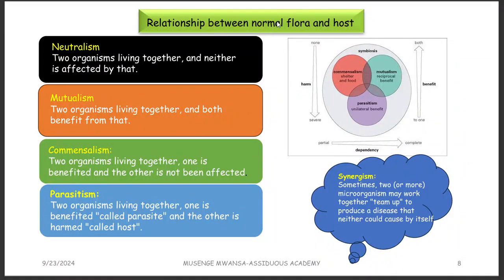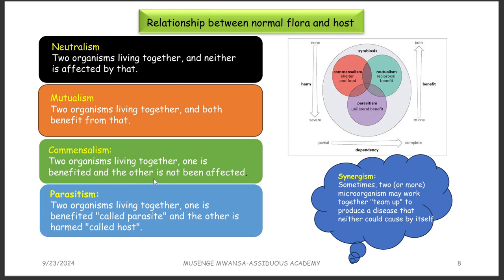What is the relationship between normal flora and the host? The relationship can be neutralism, where two organisms live together and neither is affected by that. Another one is mutualism. Two organisms live together and both benefit. Commensalism. Two organisms live together.